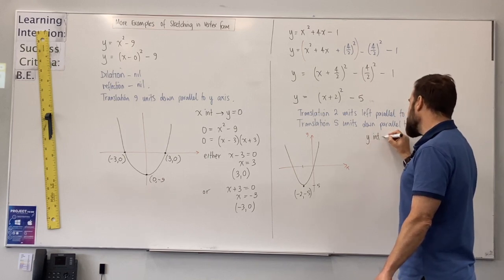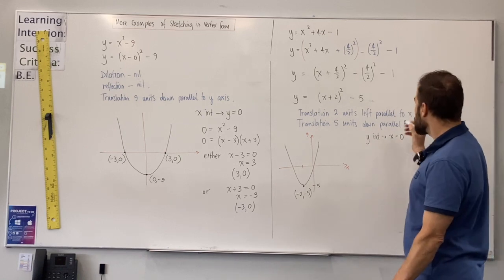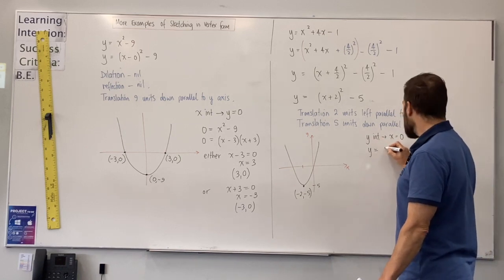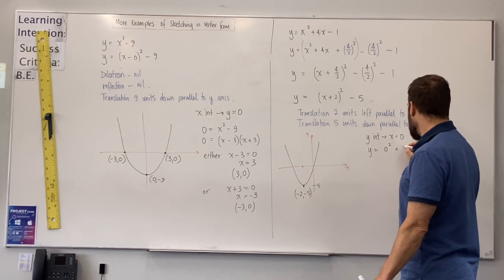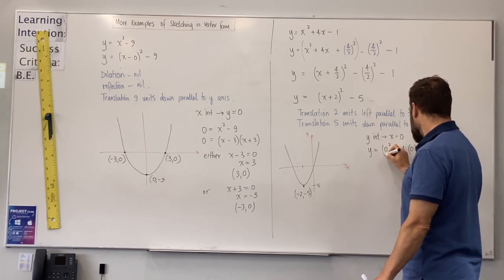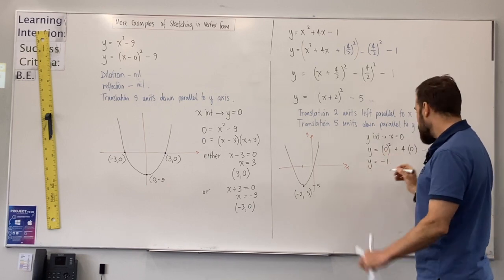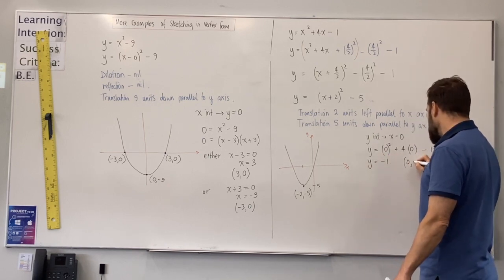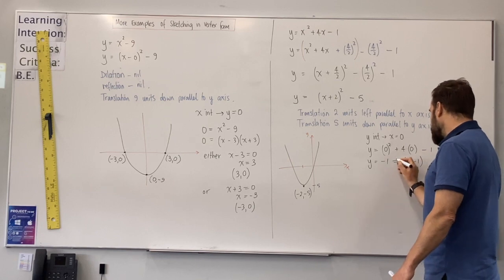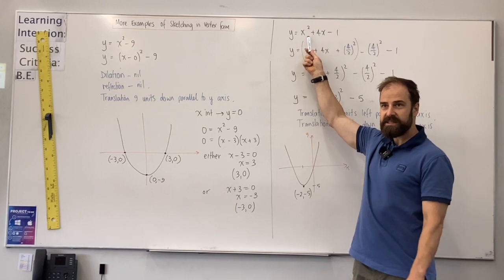Yes, we can. Y-intercept is when x equals 0. So if x equals 0, y equals minus 0 squared plus 4 times 0 minus 1, which is -1. So when x was 0, y was -1. Now hint, we're going to learn about general form next lesson.